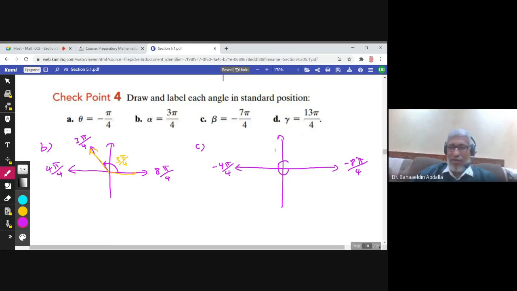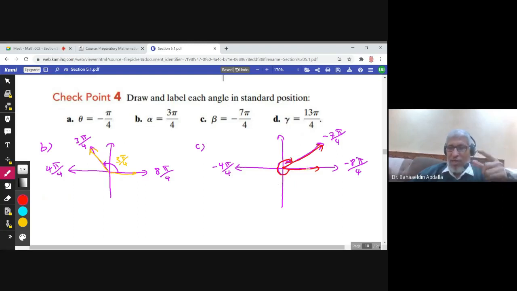No, I need negative 7. So it's before negative 8. So up to here, this is negative 7 pi over 4. This is the angle with initial side on the positive x-axis, terminal side here, and it goes from here to here. This is the angle negative 7 pi over 4.